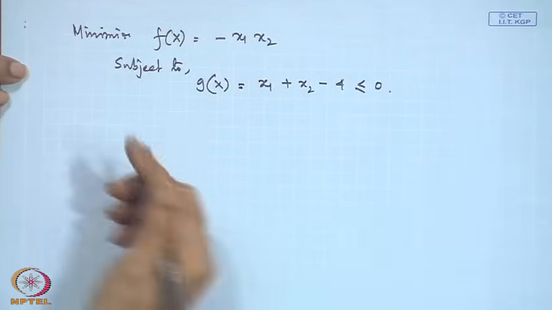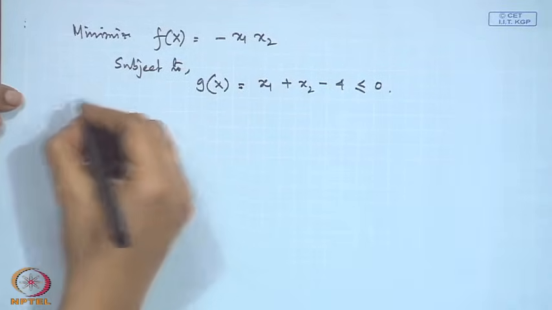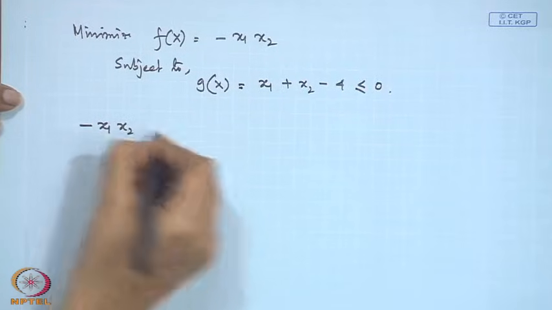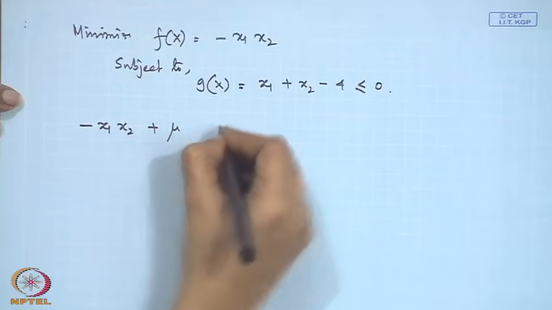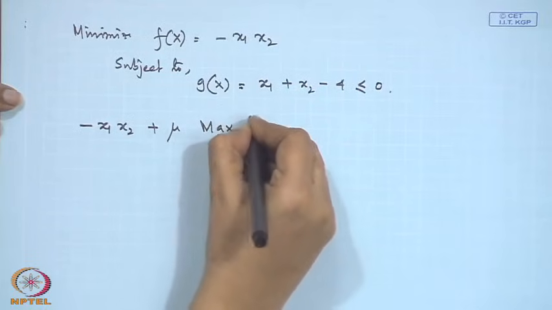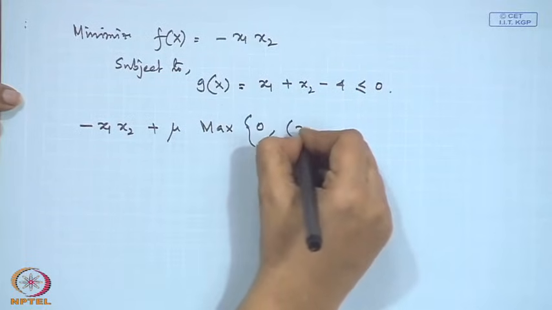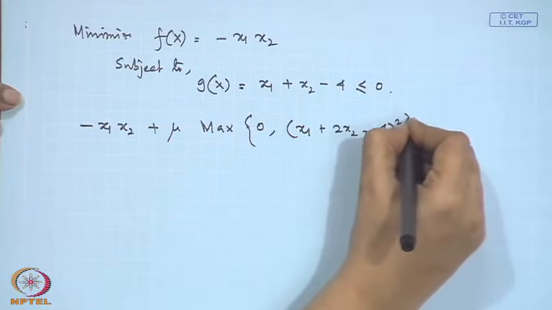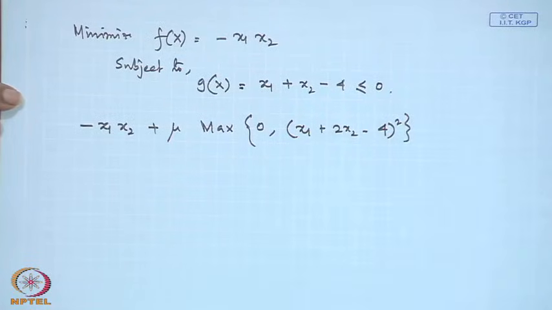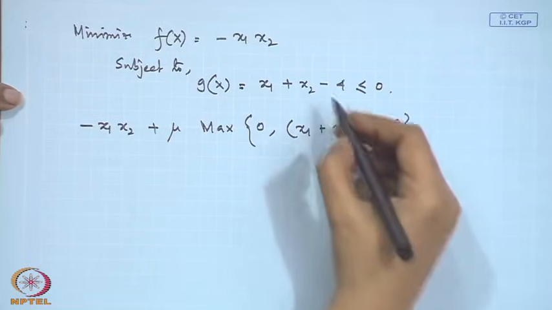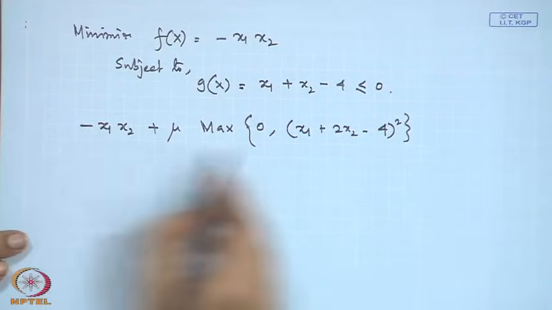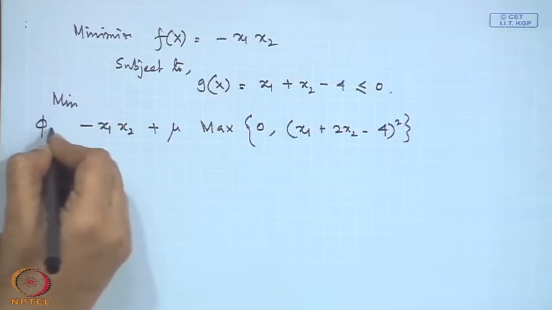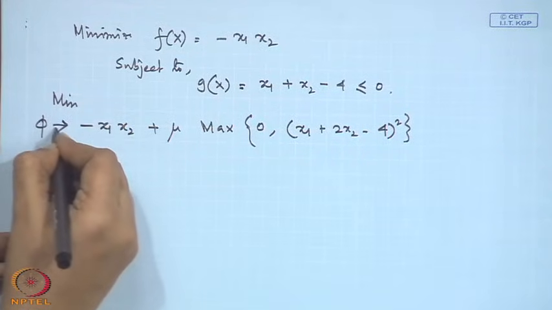To illustrate the methodology, let us consider the unconstrained problem, that would be the objective function plus mu times max of 0, and we are considering the square because we want to apply the classical technique for getting the optimal solution of the original problem. That is why this is an unconstrained problem, and we want to minimize this. This is phi.